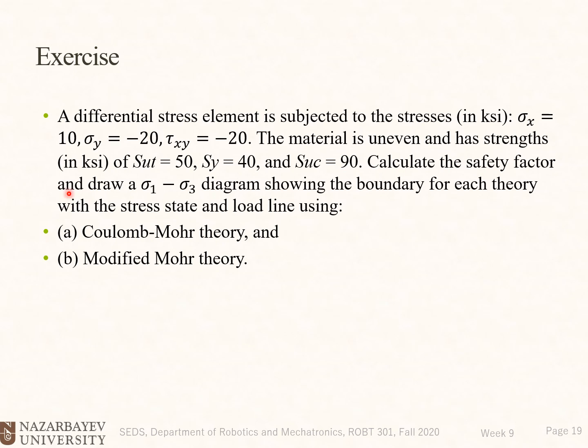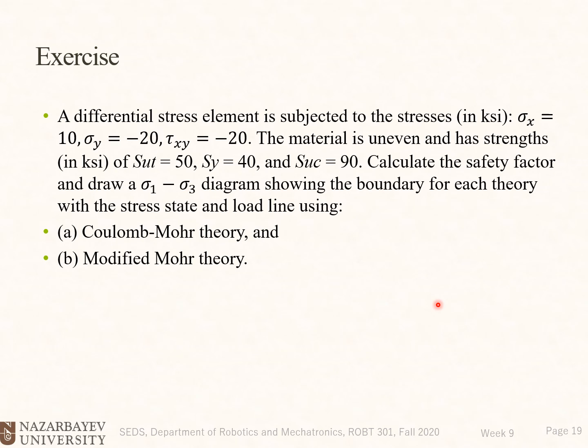Calculate the safety factor and draw a sigma 1 and sigma 3 diagram showing the boundary for each theory with the stress state and load line for Coulomb-Mohr theory and the modified Mohr theory. So you need to find first the principal normal stresses. So use the Mohr circle to calculate sigma 1, sigma 2, and sigma 3.